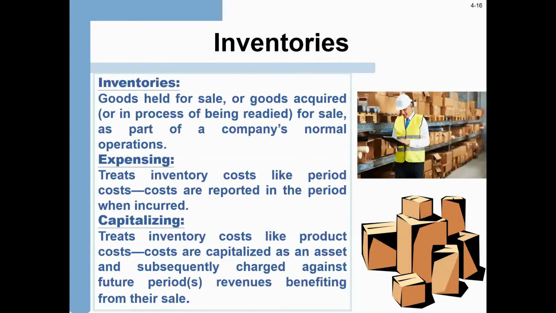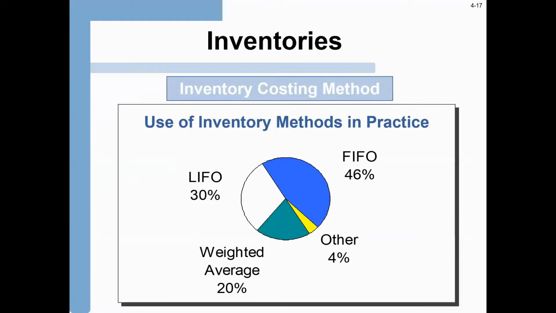Let's try to see what are different ways to calculate these inventories. First of all, as I already mentioned, these are the three main inventory valuation techniques. One is called LIFO, the other one is called FIFO, and the third one is called the weighted average.